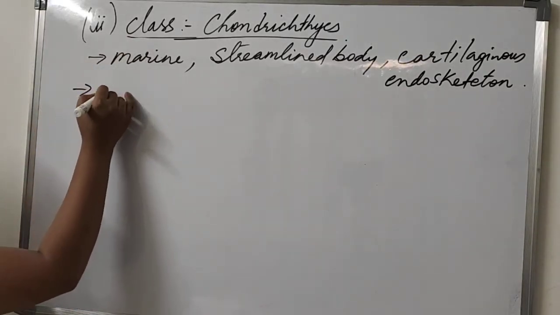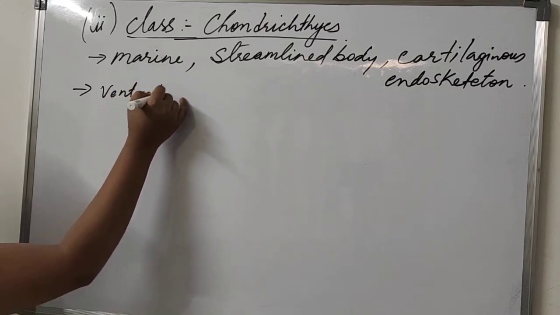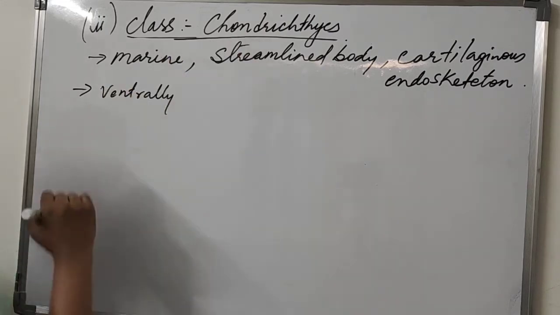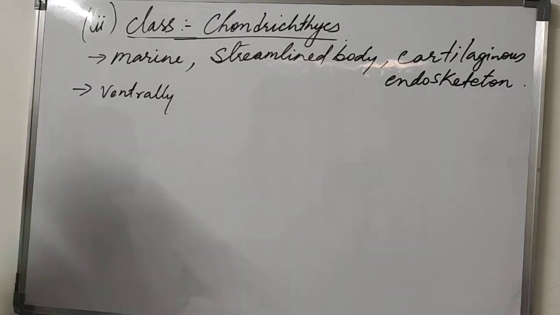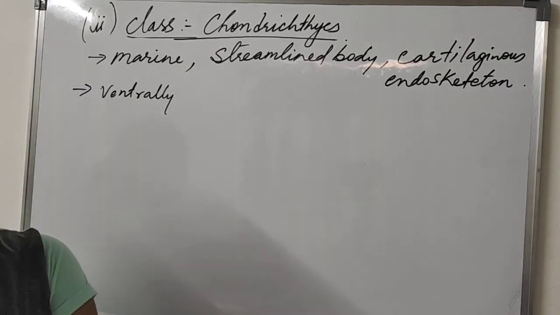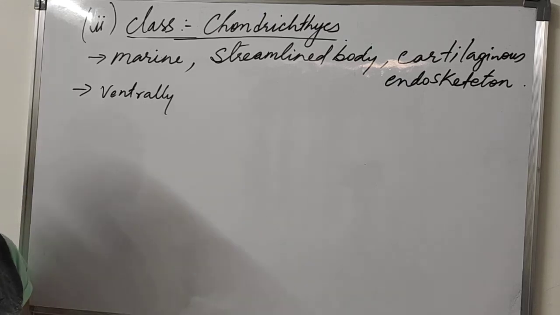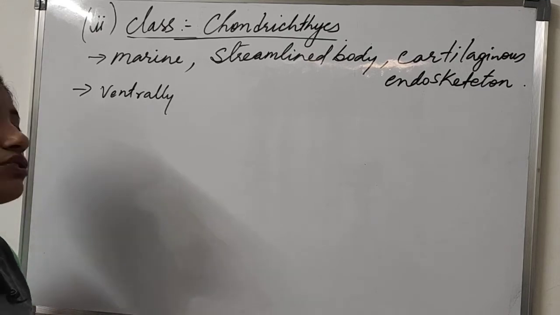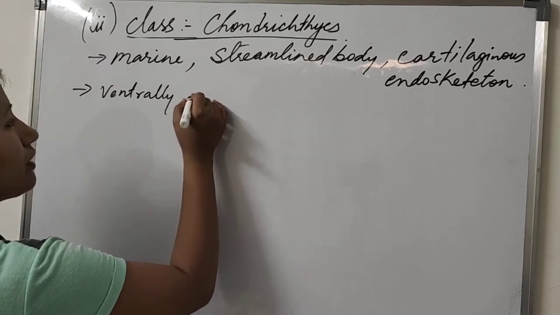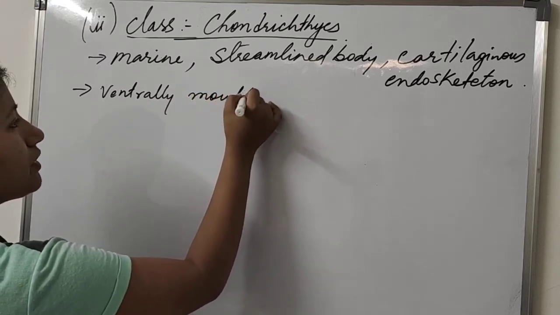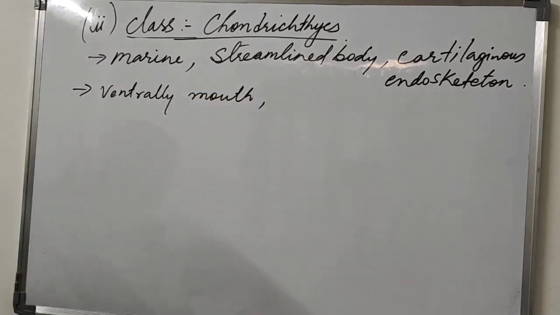Then they have a ventrally located mouth. Now, chondrichthyes will have jaws, right? Because they come under the superclass Pisces, and Pisces comes under Gnathostomata. So they have jaws, and the mouth is ventrally located.